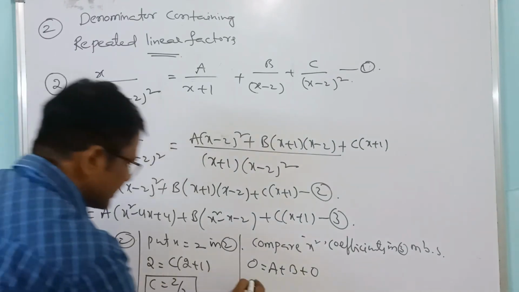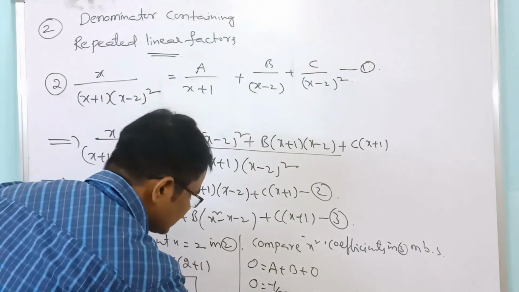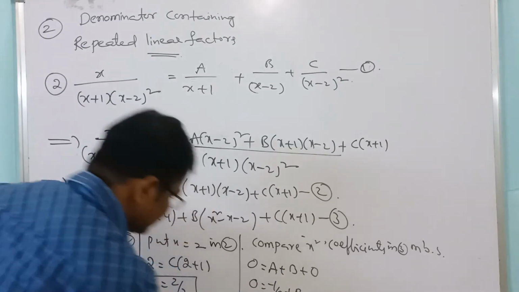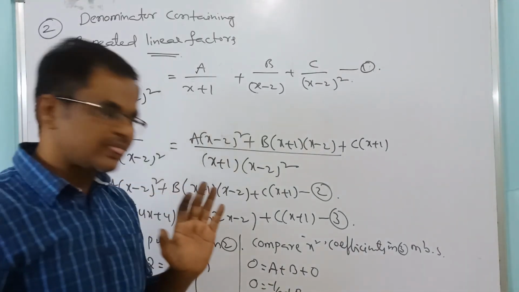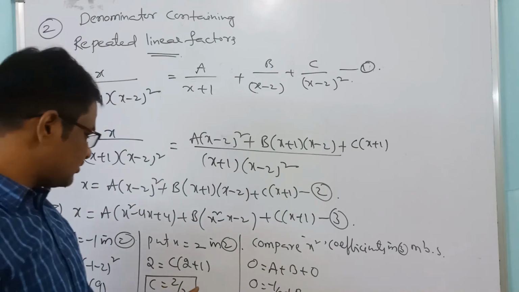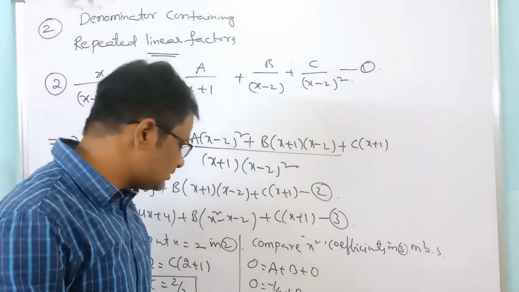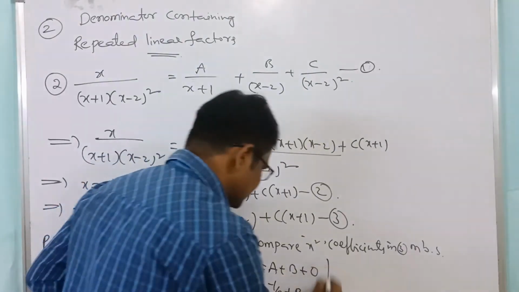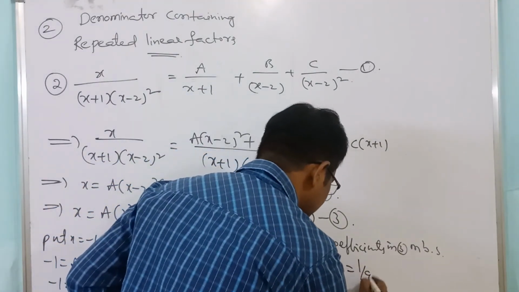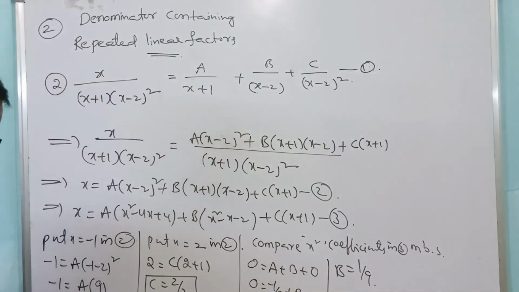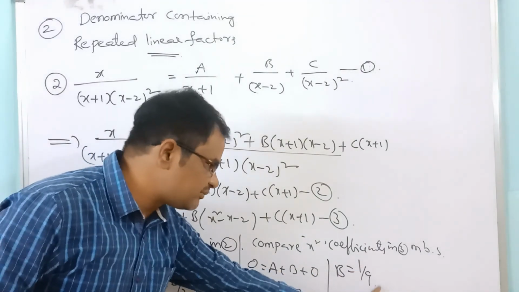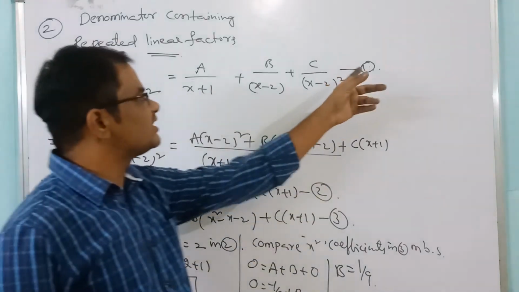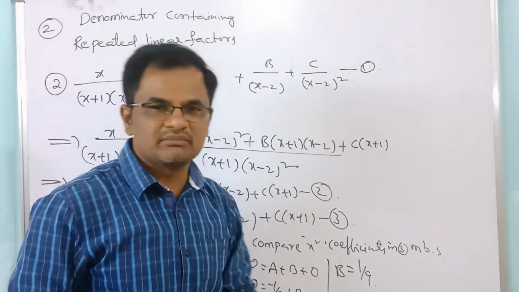Already the a value is minus 1 by 9, plus b, so b equal to 1 by 9. So I will write b equal to 1 by 9. So a equal to minus 1 by 9, b equal to 1 by 9, and c equal to 2 by 3. These a, b, c values we have to substitute in equation number 1.